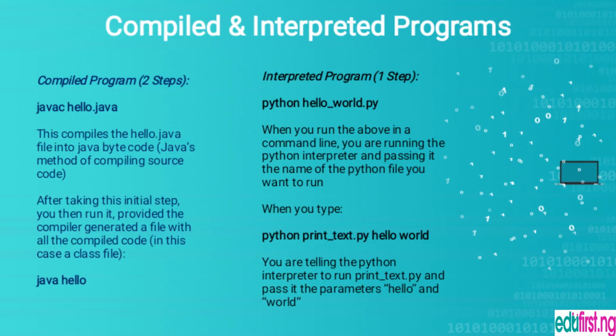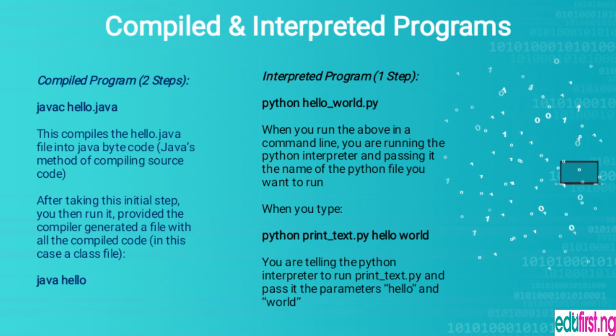We're going to look at examples of compiled and interpreted programs. Now, on the left side of the screen, we'll start with a compiled program. It involves two steps, and we are using Java programming language. Now, when you type javac hello.java, this compiles the hello.java file into Java bytecode.